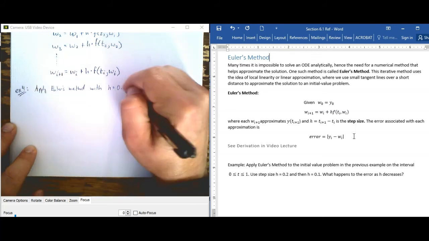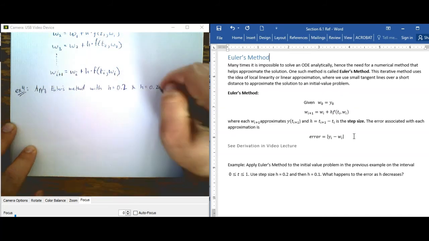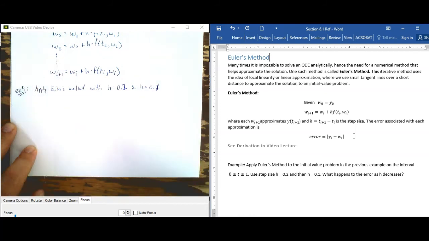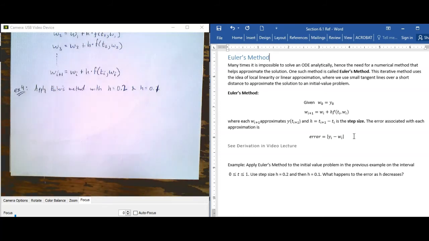We'll do 0.2 first. So let's say 0.2 and 0.1. And then we want to investigate the errors there.